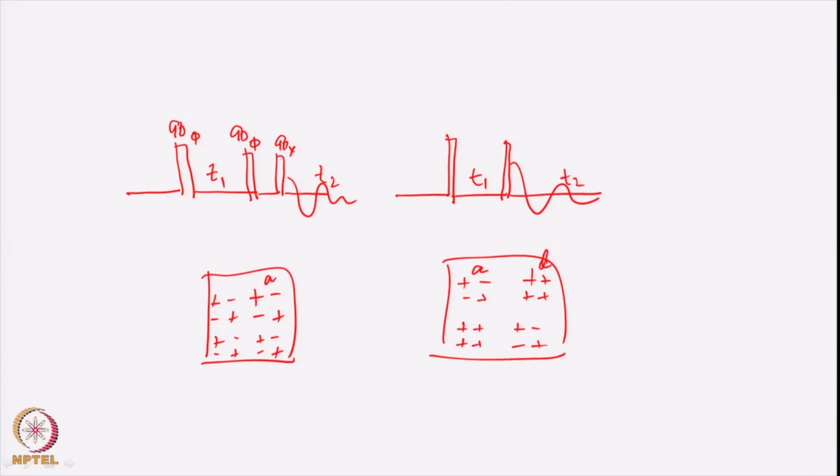Here we had all absorptive line shapes for both the diagonal as well as the cross peaks, and therefore it had a big improvement in the resolution in the spectrum. So, that was particularly advantageous from the point of view of improving the quality of the spectrum.